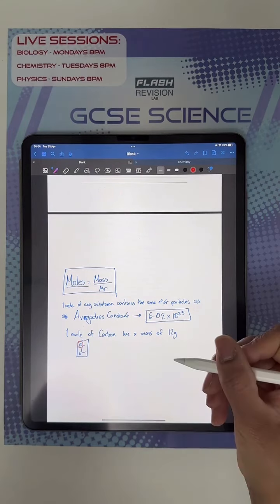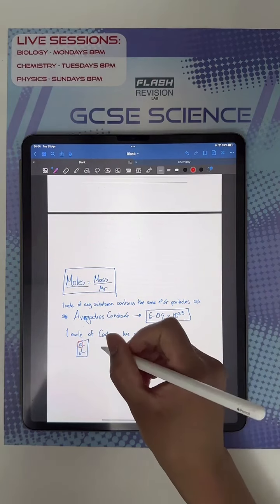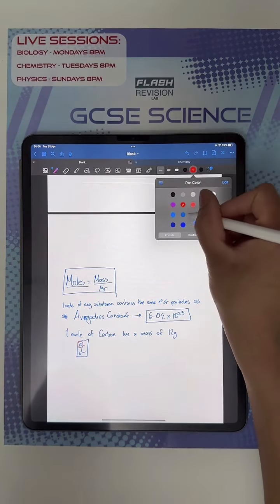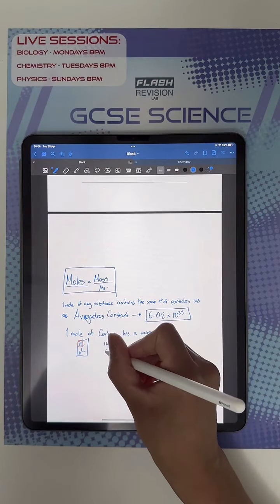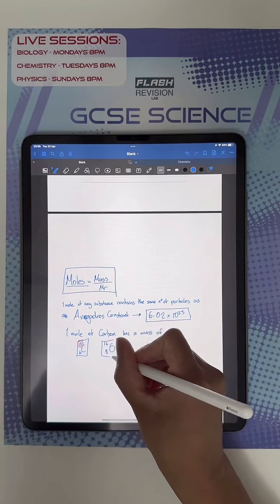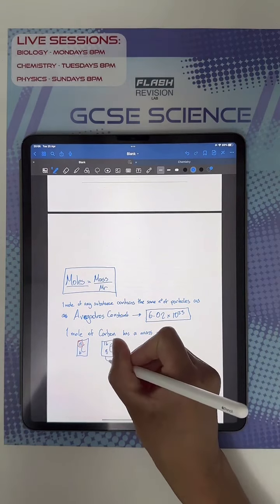So if you had oxygen, for example, oxygen is 16 and 8. So 1 mole of oxygen would weigh how much, guys? Yeah, 16 grams, exactly, 16 grams.